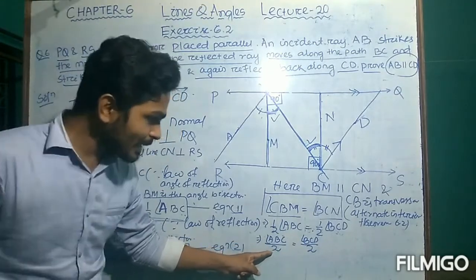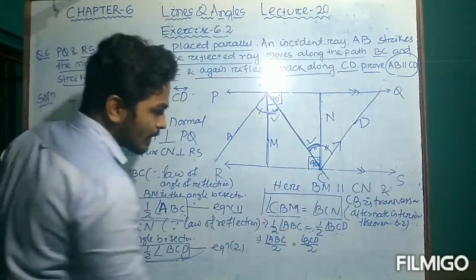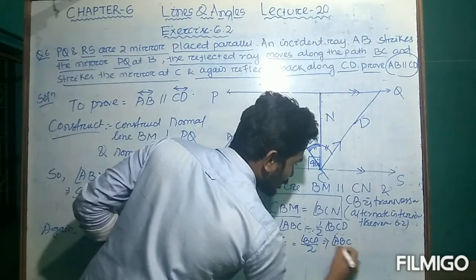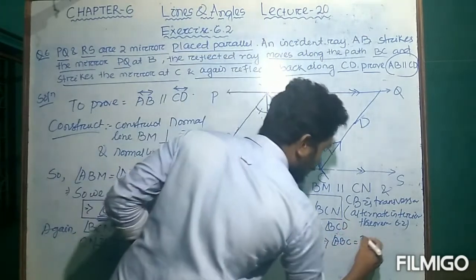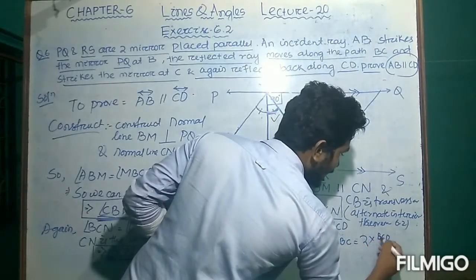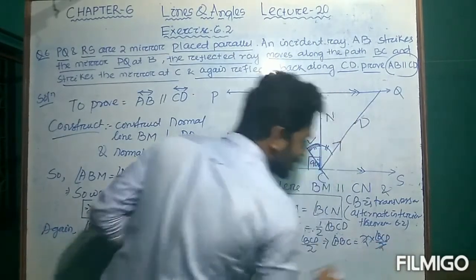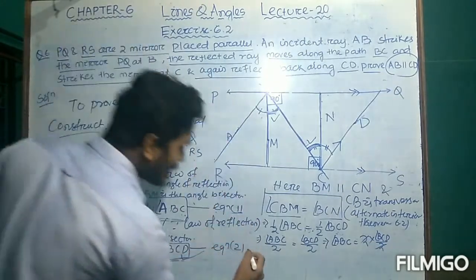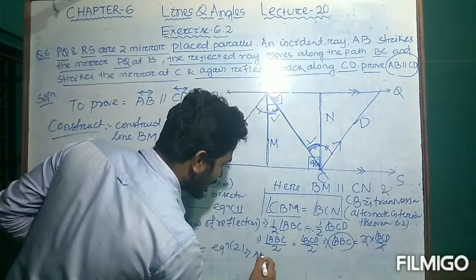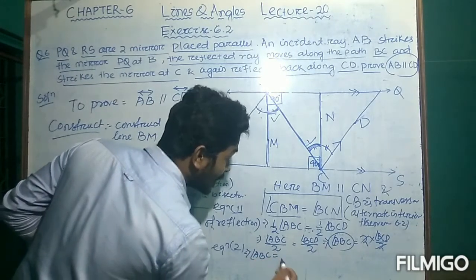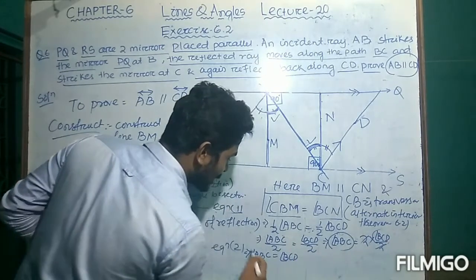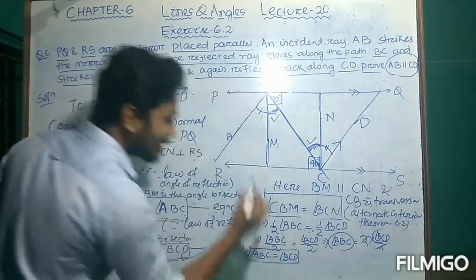Now this 2 is taken to the right hand side, so it will be angle ABC is equal to 2 multiplied with BCD by 2. So the 2 cancels out. So finally we get that the angle ABC is equal to the angle BCD. This is the final result.